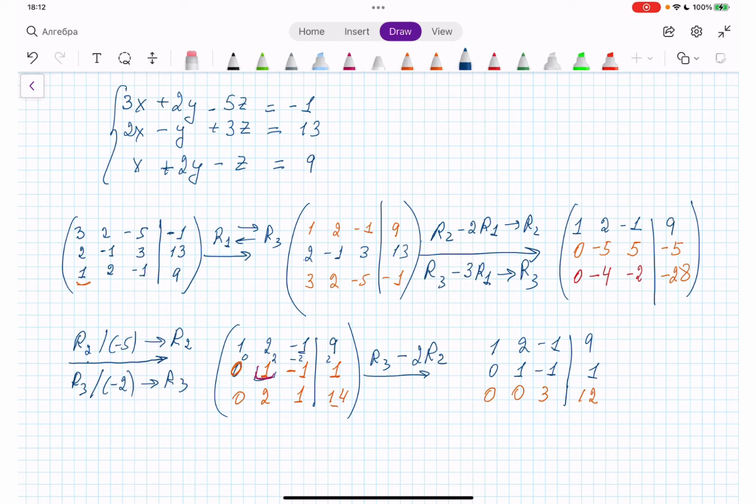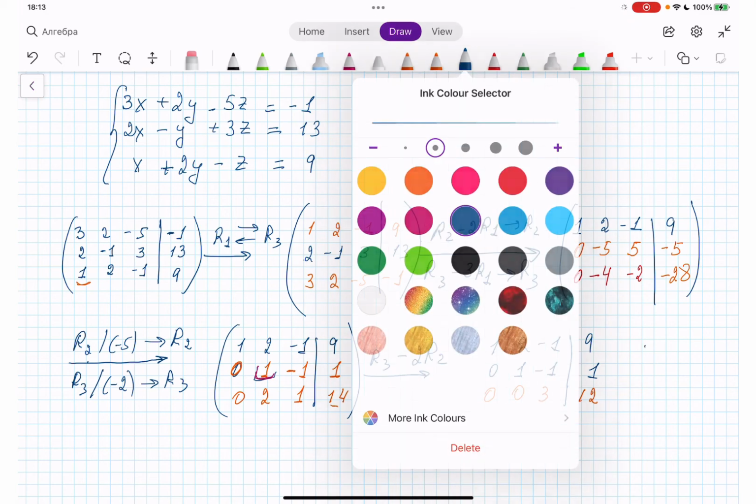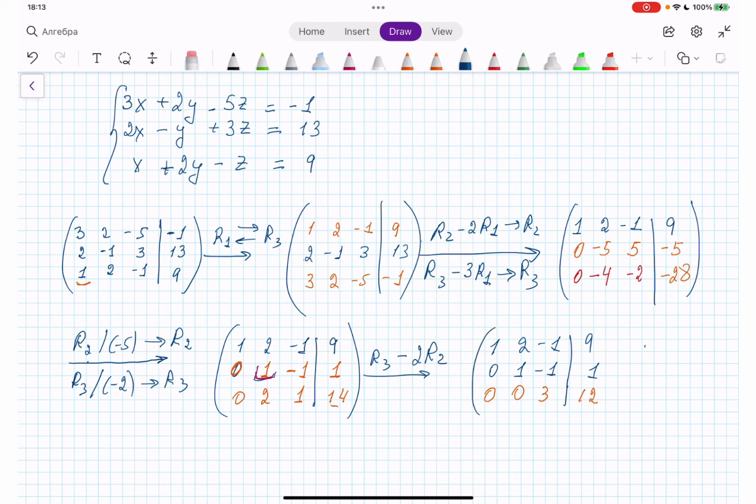And then subtract this minus this, this one minus this one, and then minus this one. Okay? All right. And we get the matrix.